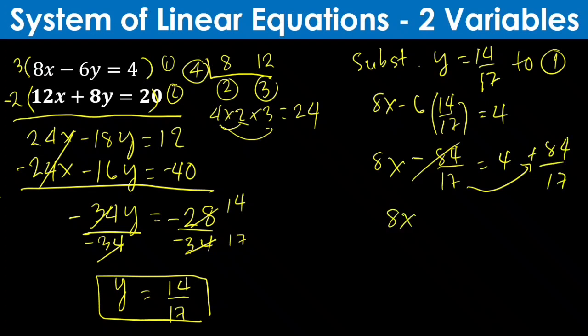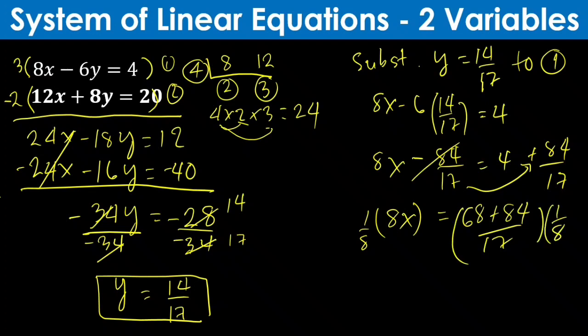We have 8x here. Let's multiply that. That's 68 plus 84 over 17. And we can divide by 8 or multiply by 1 over 8 on both sides.